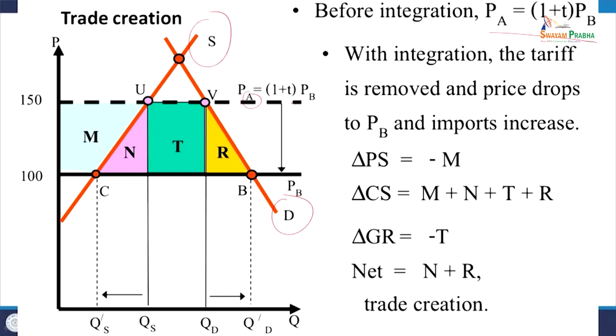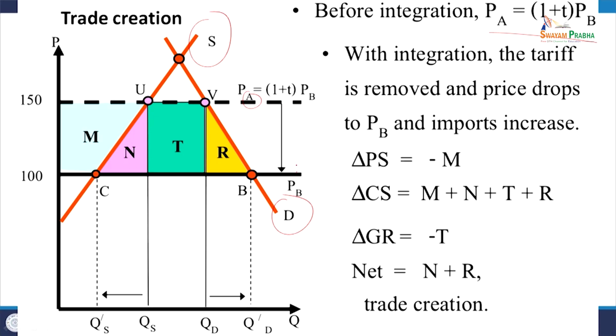Now, if country A joins country B and both countries are part of the customs union, the tariff is no more there, so the price will fall to PB by the extent of the taxes.